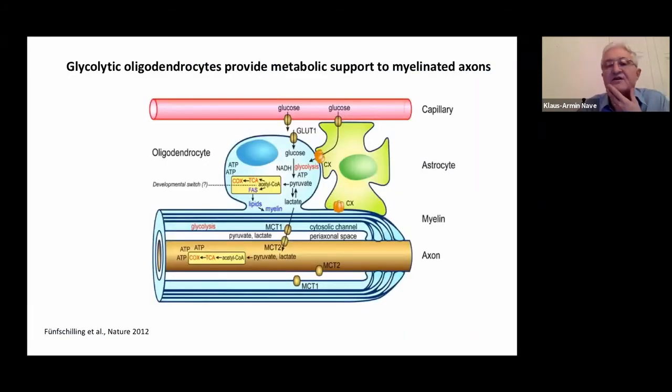Now, a number of years ago, we put forward a hypothetical model based on interesting observations that I will not go into detail about, which suggested that oligodendrocytes that shield the axon are also glycolytic cells, which take up glucose here and then go through glycolysis and deliver lactate through monocarboxylate transporters into the axonal compartment, where mitochondria use that to make ATP.